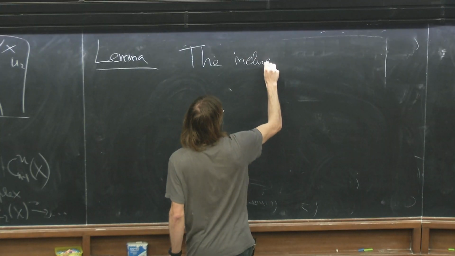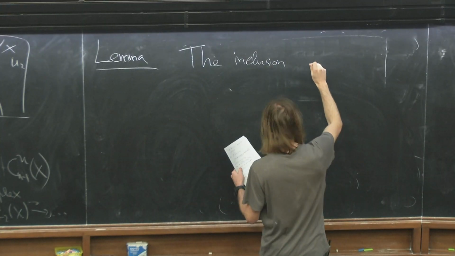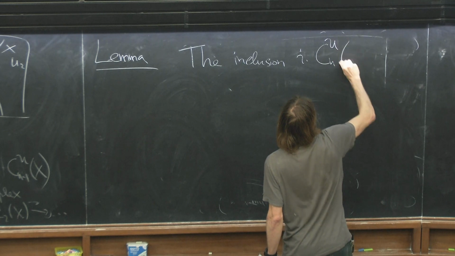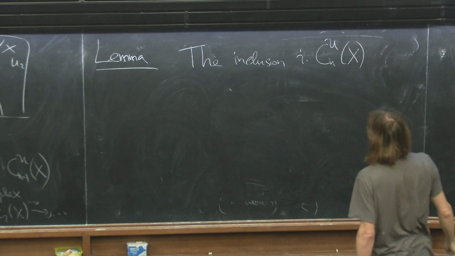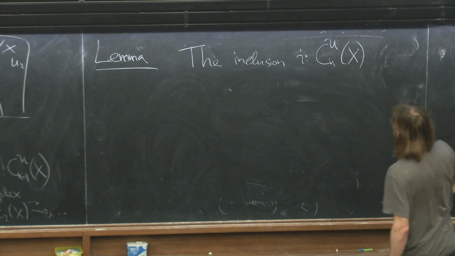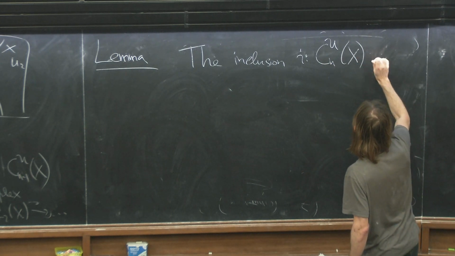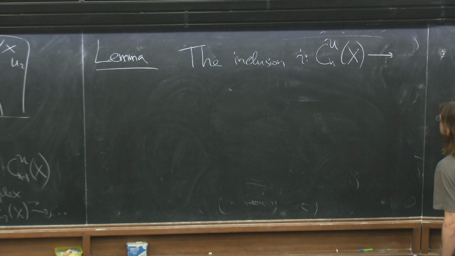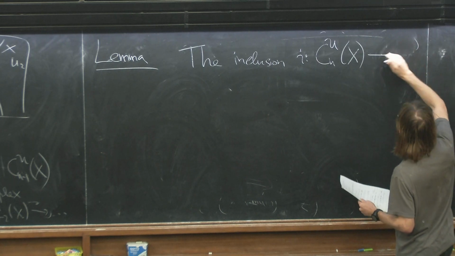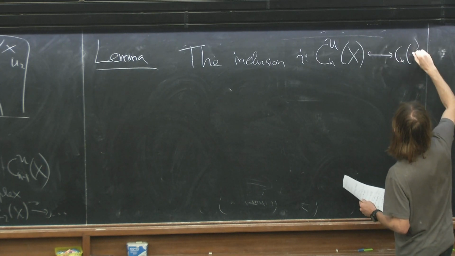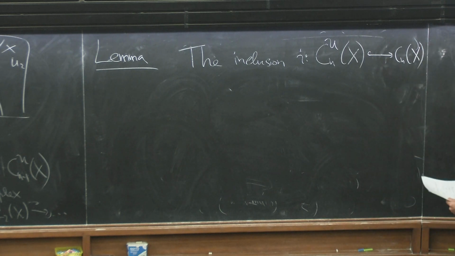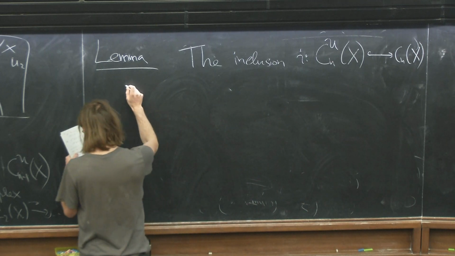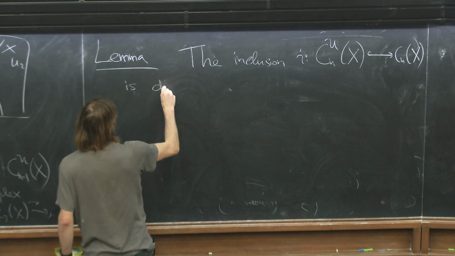We have, of course, the canonical inclusion I of these singular chains, restricted so that each singular simplex is inside one of these U's, which is obviously a subgroup in the whole Cn of X. This inclusion is a chain homotopy equivalence.